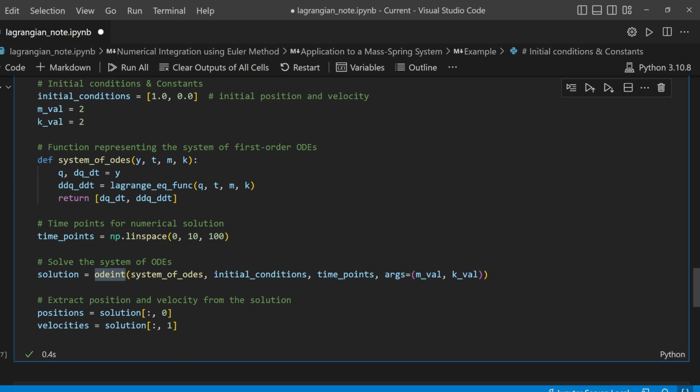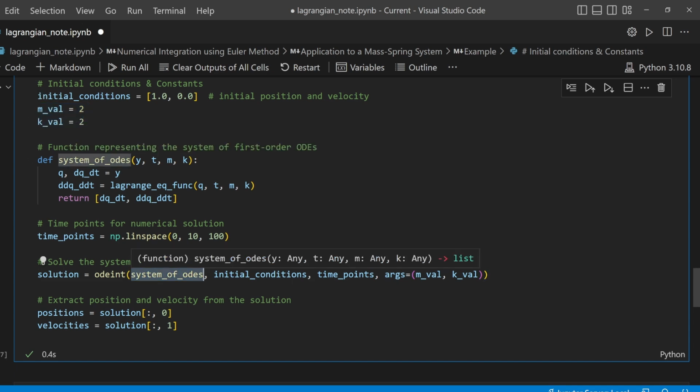This function takes as input another function, which is this one, and then the initial conditions, the time steps where we will do our simulation, which we define right here, with time points equal to numpy.linspace from 0 to 10 seconds, and some additional arguments right here, which are m_val and k_val.